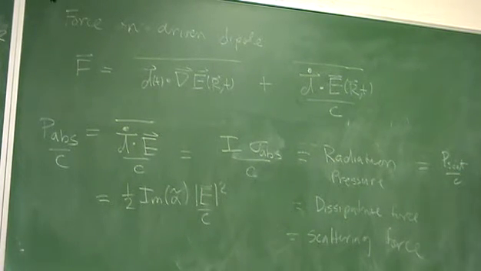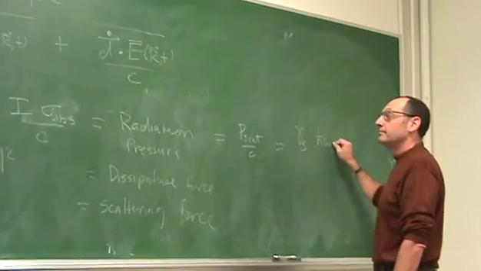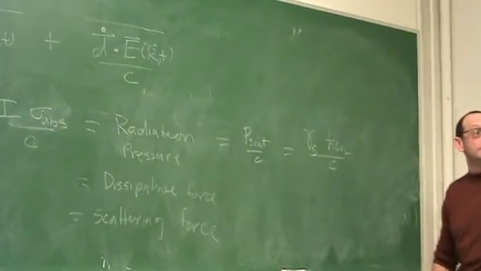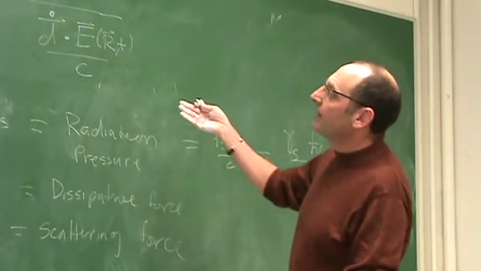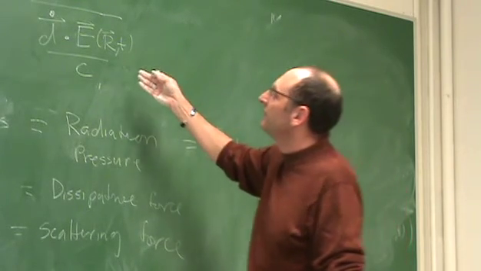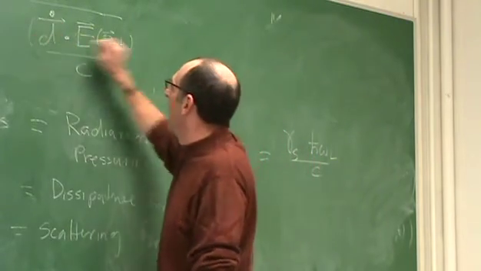And that scattered power, we said, was the rate at which photons are scattered times h bar omega, divided by c. Of course, it's in a direction. When I did the force here, I forgot there's a missing direction, because there was the E sub k.